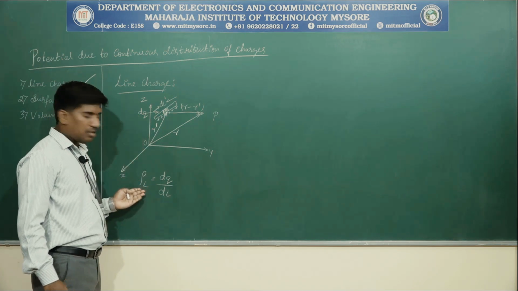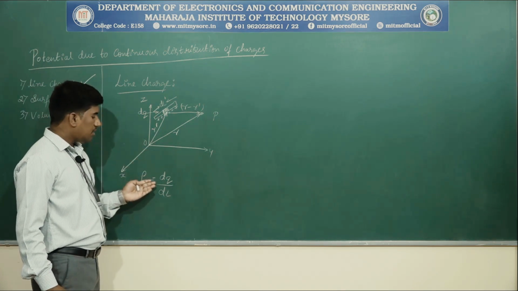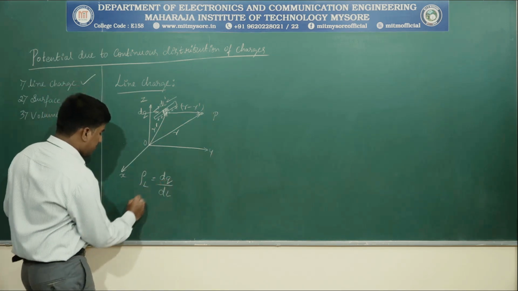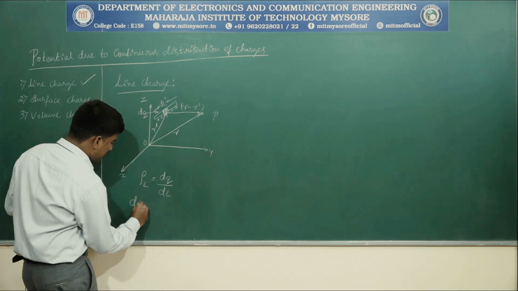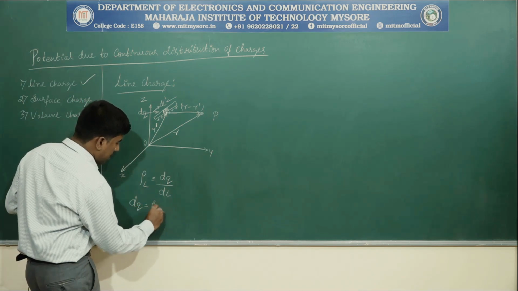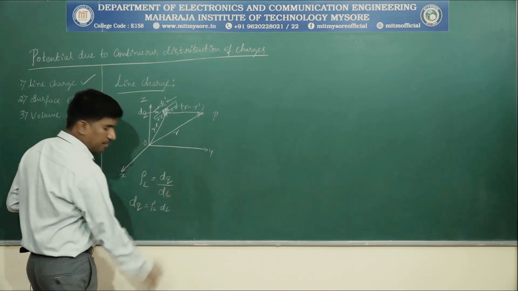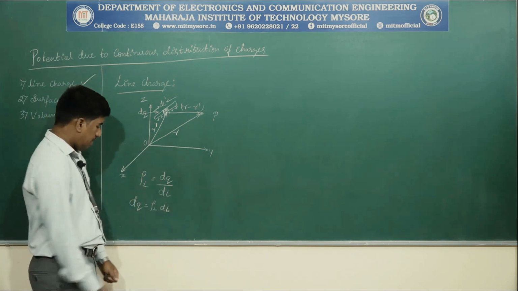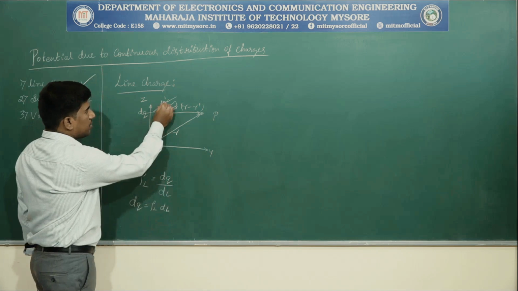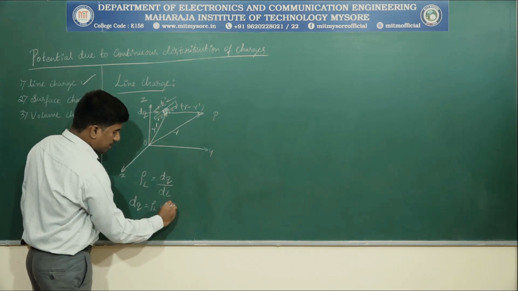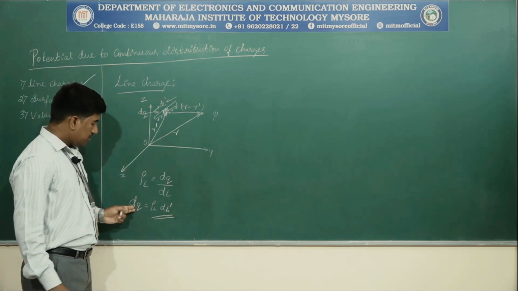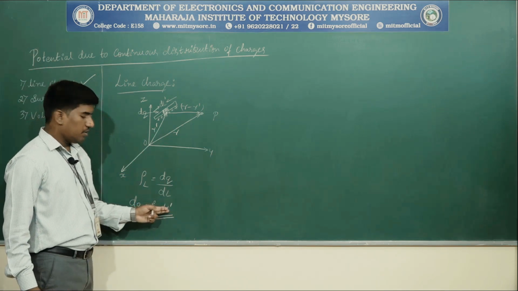Then line charge density is given by rho L is equal to dq by dl, right? So what is the equation for dq? dq is equal to rho L into dl. See, dl is represented by dl dash in this equation. Now let me write dl dash here. Got it? So dq is equal to rho L into dl.